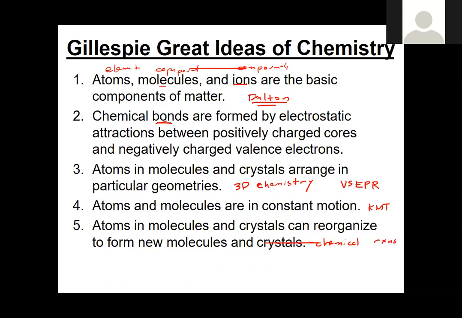So they said the development of new materials, okay, is possible because of chemical reaction. Okay. So in the chemical reaction, what happened? Okay, new products are formed when you react certain reactants.